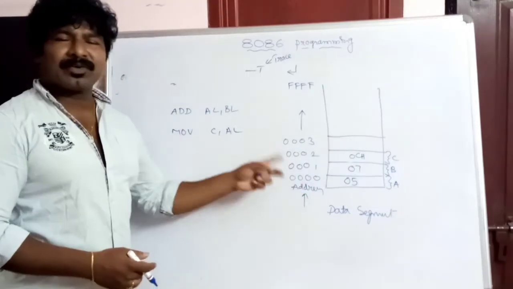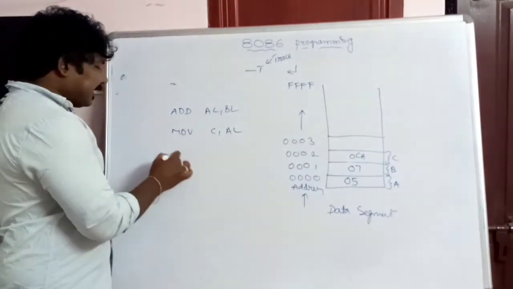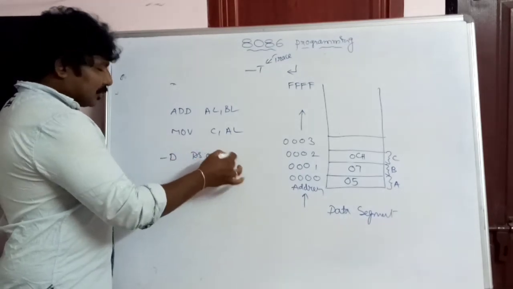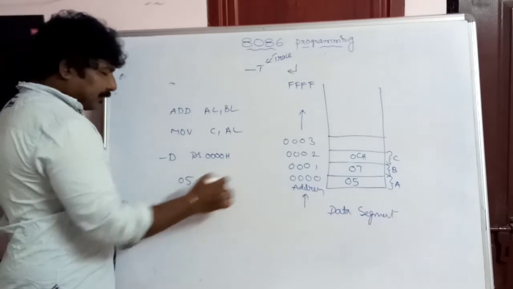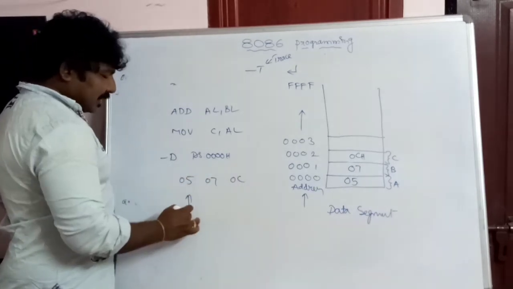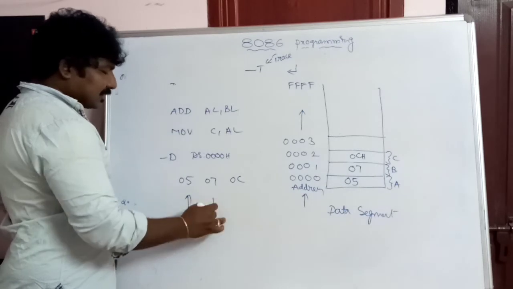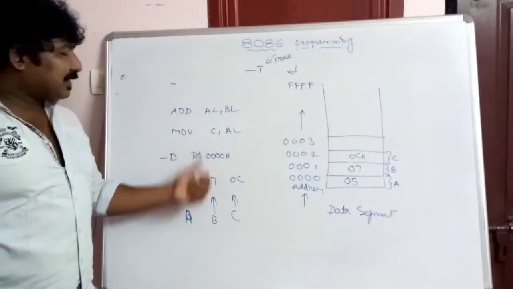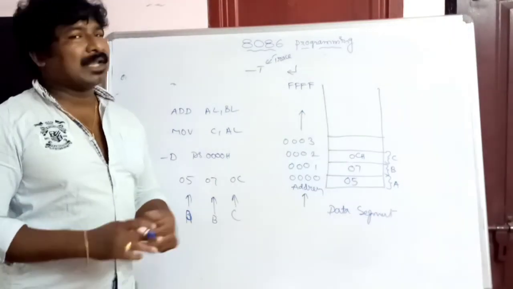These are the items that you are actually printing with this -D command, DS colon 4 zeros, where you have printed 05 followed by 07 followed by 0C. This is A, this is B, and this is C. So this is how your output will look.